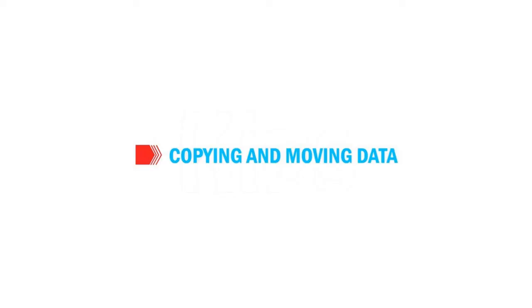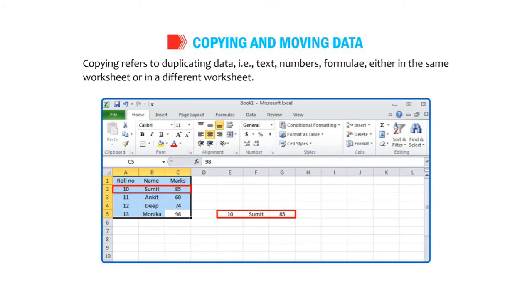Now, next is how to copy and move data. Copying refers to duplicating data, that means text, numbers, formula either in the same worksheet or in a different worksheet.